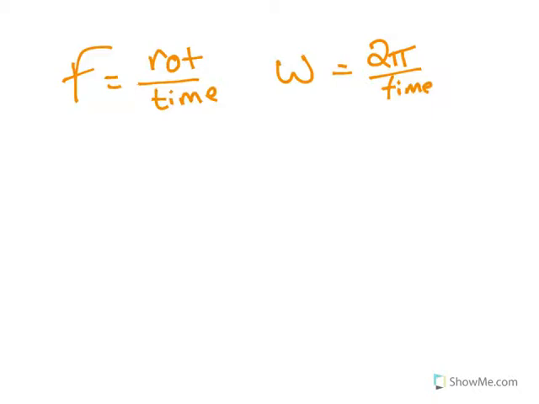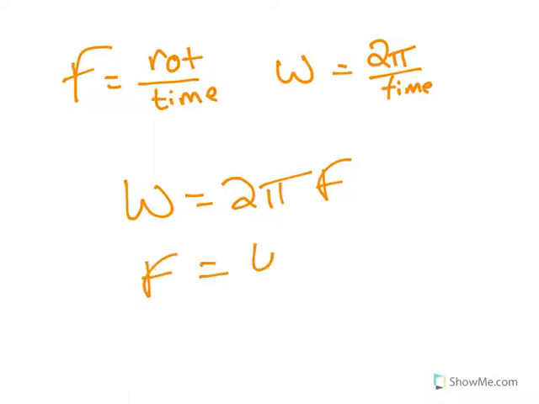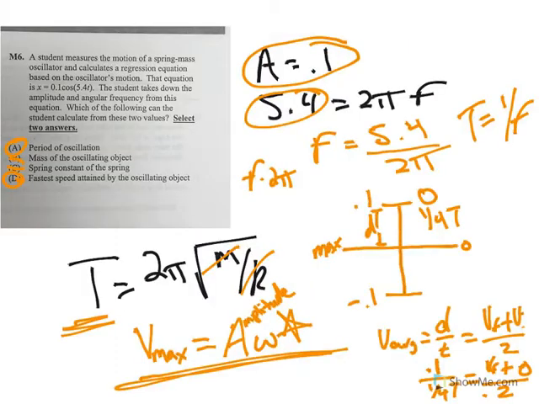So omega is essentially just 2 pi times the frequency, or you could say frequency is omega divided by 2 pi. So basically, the frequency is how long it takes to go one complete rotation. Omega is more an angular distance over time, so it doesn't necessarily have to go a full rotation, but if you divide it by 2 pi, you get the same thing. Okay? So that might be good to know.